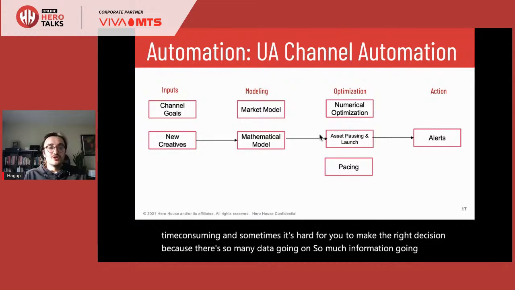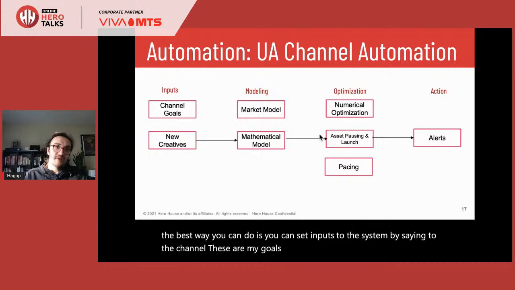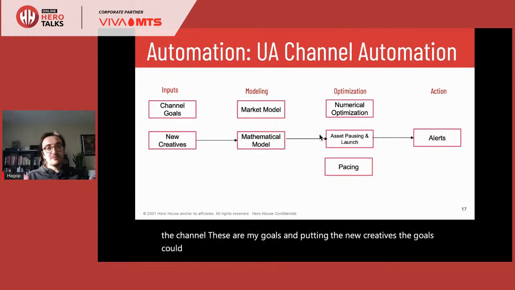So the best way is to set inputs to the system, saying to the channel, these are my goals, and putting in the new creatives. The goal could be that I'm optimizing for the lowest cost possible.